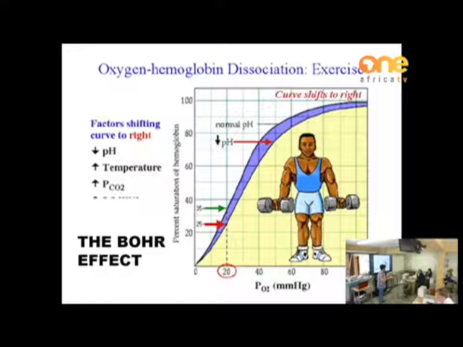Isn't it? Because now when I'm exercising, oxygen will go to the respiring tissue more, and it will be released faster. Why? Because there's carbon dioxide present. And the carbon dioxide will be transported away by the hemoglobin.